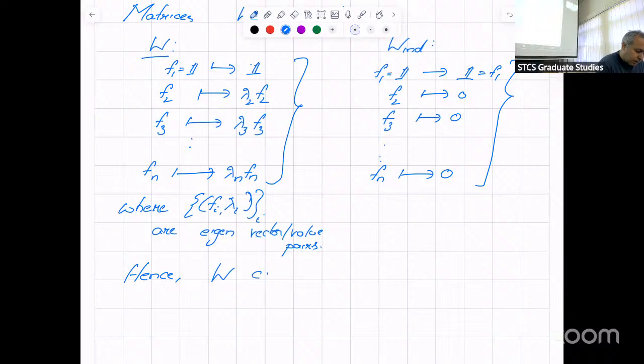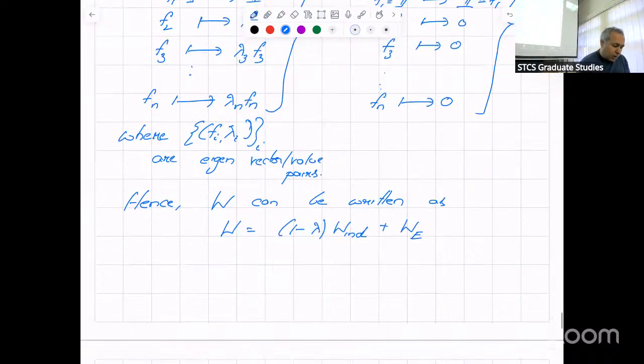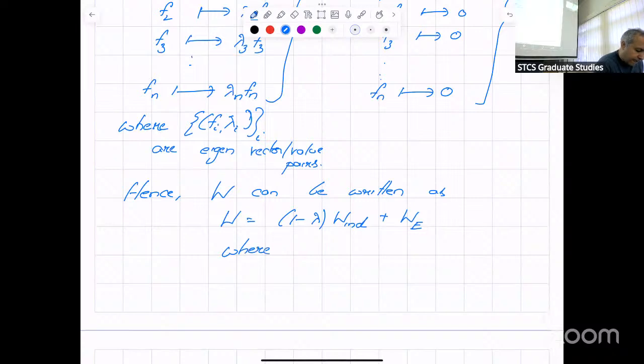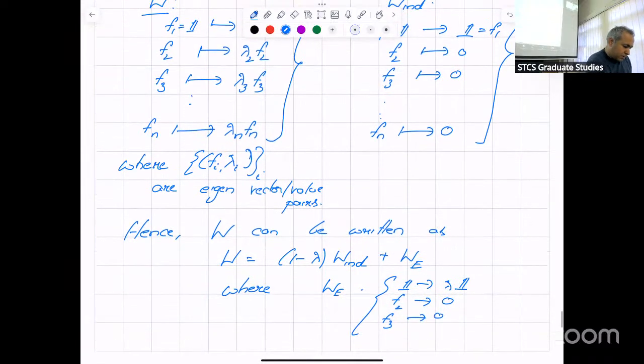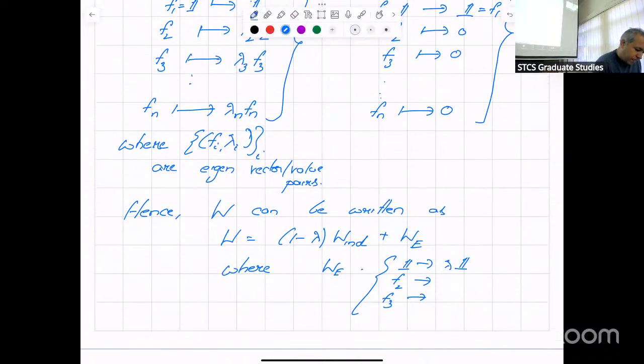Hence, W can be written as (1 minus lambda) times W end plus W error, where W error is a matrix which will send the all ones to lambda times all ones, F2 to 0, F3 to 0. Lambda 2 F2, lambda 3 F3, lambda n Fn.